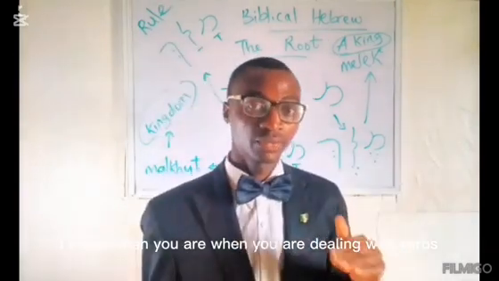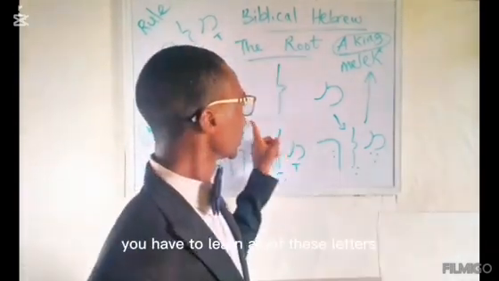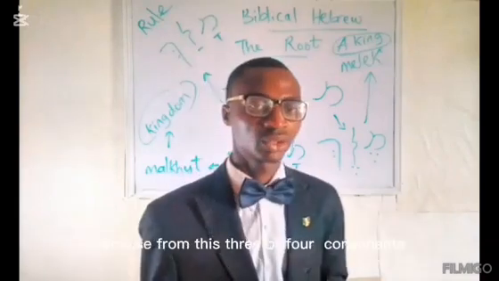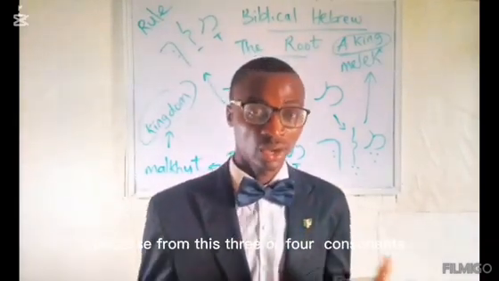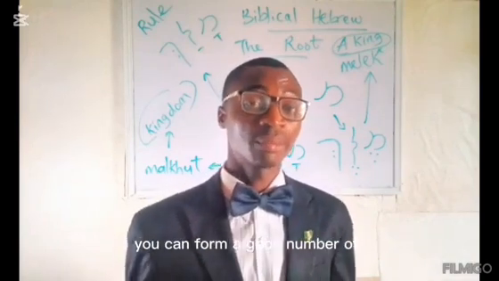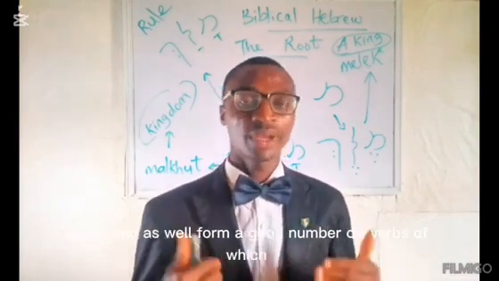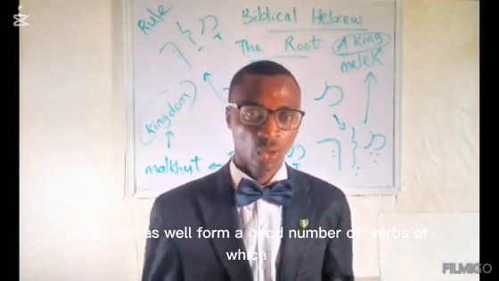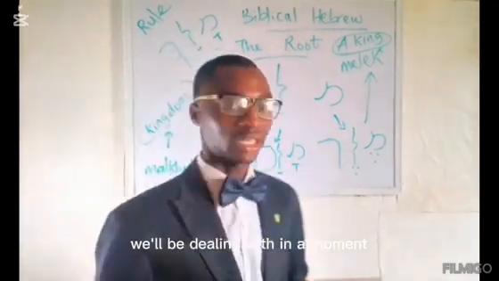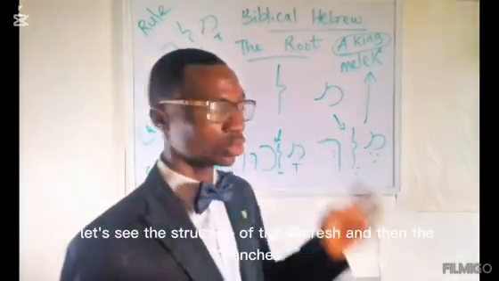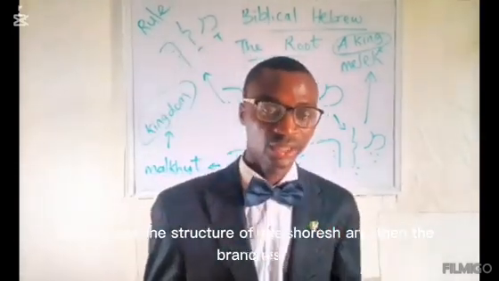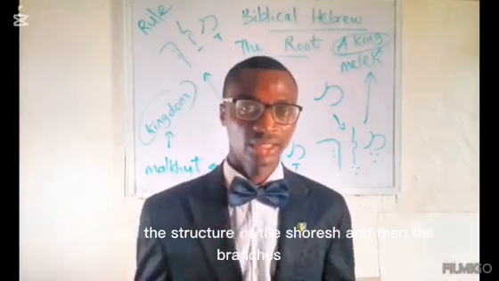When you are dealing with verbs, you have to learn all of these letters, because from these 3 or 4 consonants, you can form a good number of words, and as well a good number of verbs, which we'll be dealing with in a moment. So let's see the structure of the Shoresh and then the branches it has.